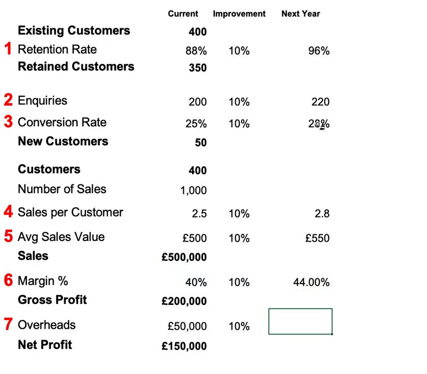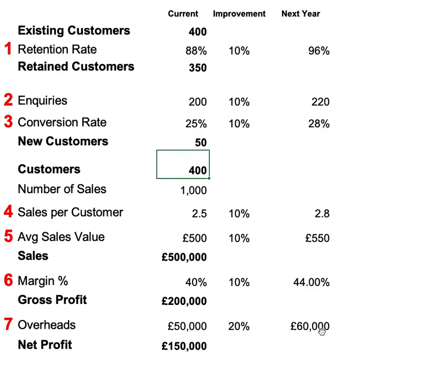And once we've built the model, we'll be able to change the improvement percentages and see what happens. So we've actually put our overheads up in this example. In fact, why don't we put them up a little bit more? So we're going to invest £10,000 in business development efforts in an attempt to hit these improvement targets we've set for ourselves.